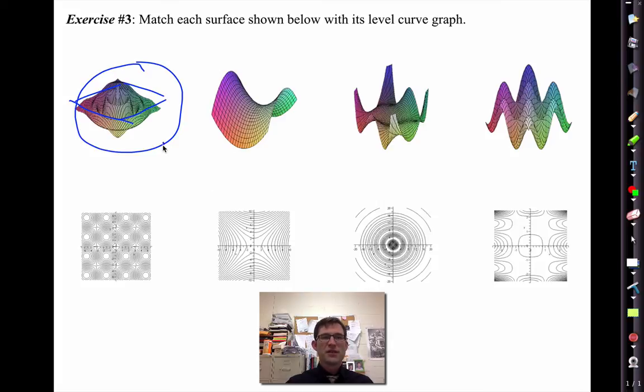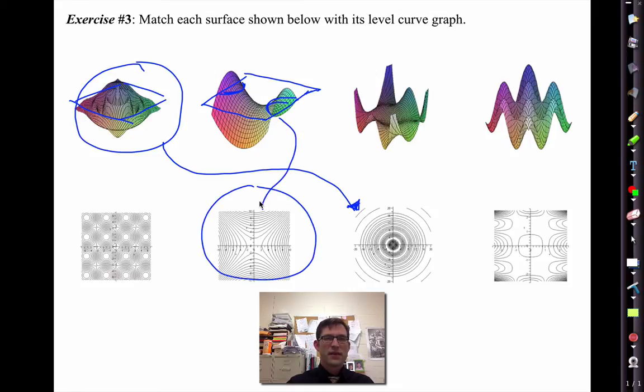May be obvious to some, may not be obvious to others, but it would be something like this. All of those cross-sections are circular. On the other hand, this little guy, which looks a little bit like a potato chip, if I cut this thing horizontally, again, less obvious, I'd get something like that, and I'd get something like that.